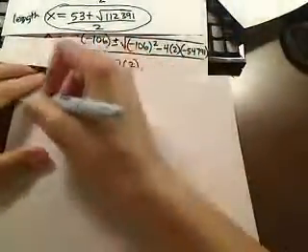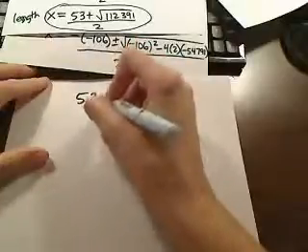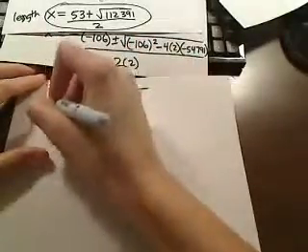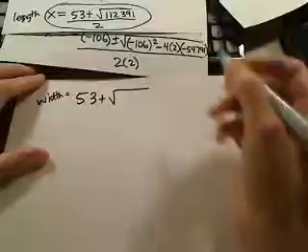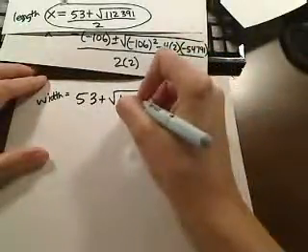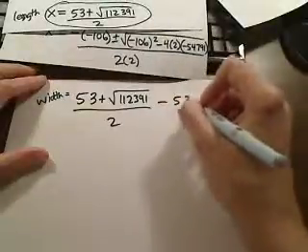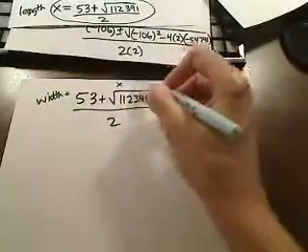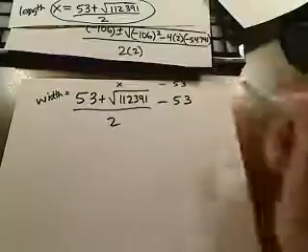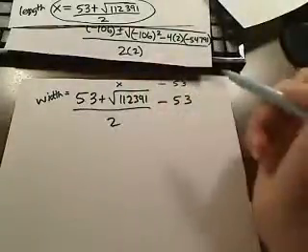So we're looking for the width now: 53 plus the square root of 112,391 over 2, and then we need to subtract 53. So this is x, and this is our minus 53, and we've just plugged this in for x.